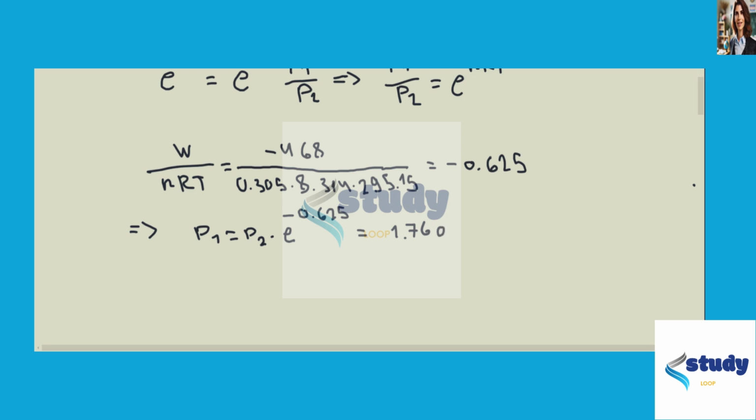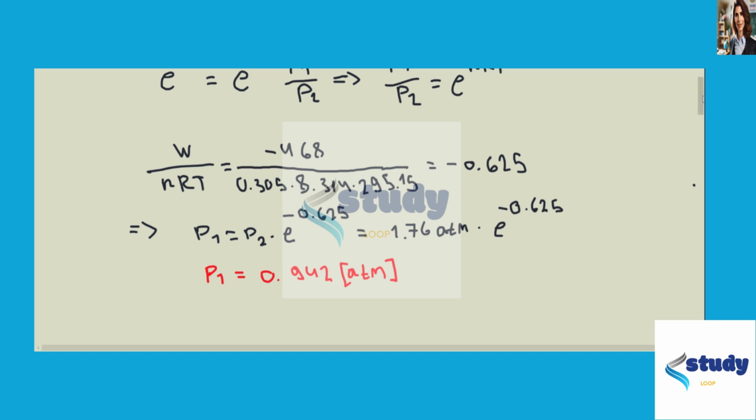This is the physical quantity for it, times e to the minus 0.625. And when we put these values into a calculator, we finally obtain the answer, which is that P1 equals 0.942 atmospheres. And this will be it for part A of the problem.